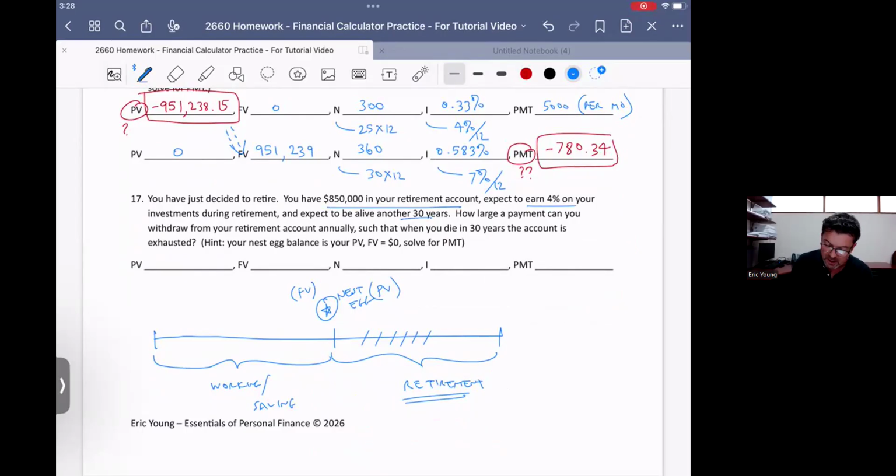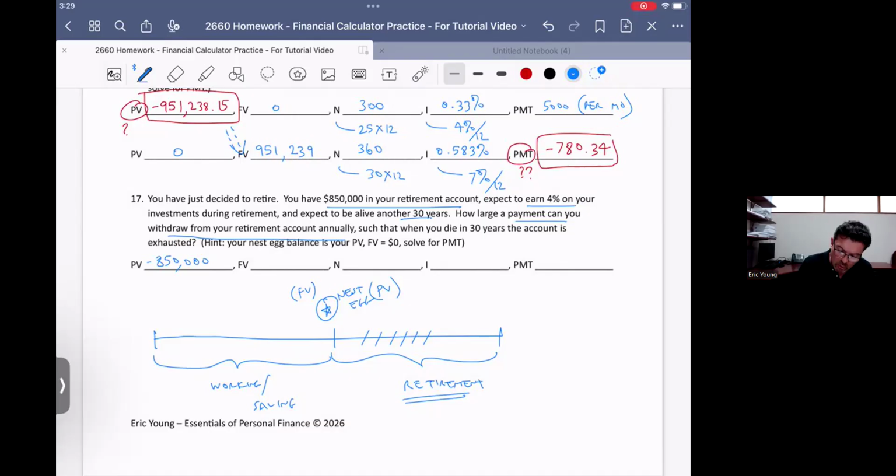We want to know, how much money can you take out of your account annually such that it lasts you for 30 years? So here we go. We know that you currently have $850,000. We're going to make that a negative because you're going to be putting that nest egg into an account to draw interest.